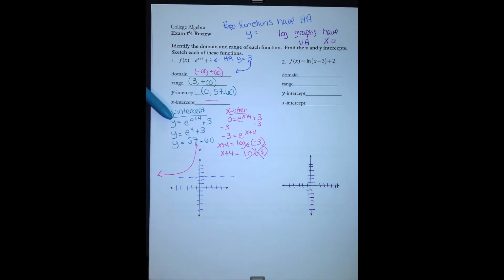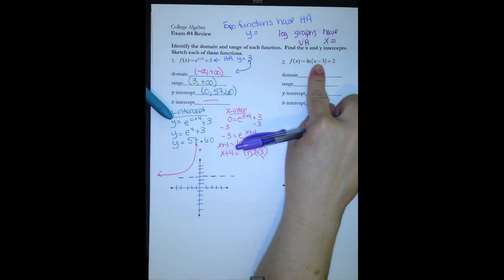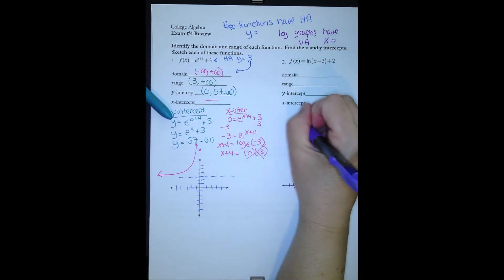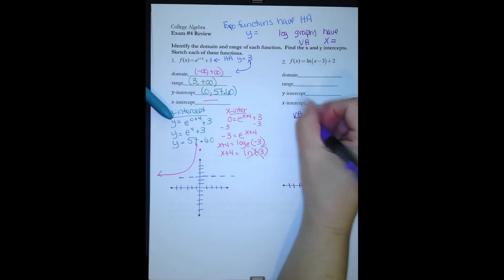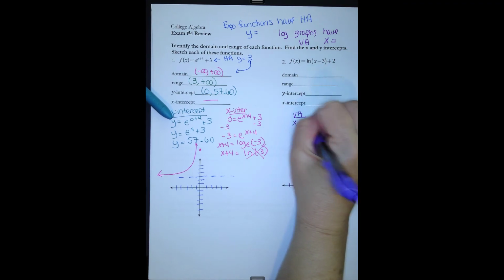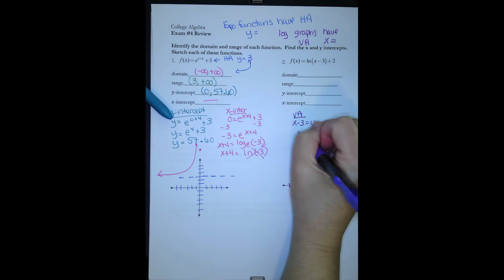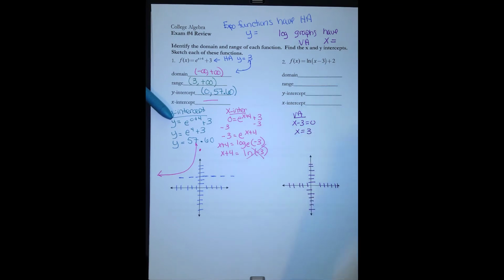In order for us to get that x equals, remember we're going to set this portion right here equal to 0. So to get our vertical asymptote, x minus 3 equals 0. So x equals 3. So there is our vertical asymptote.